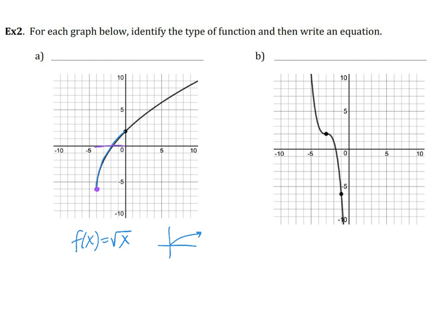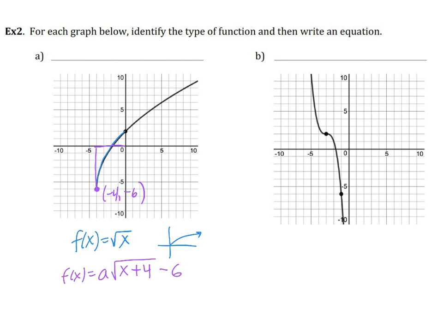So we went to the left 4, down 6. So my vertex is -4, -6, and I'm going to insert that into my function. So it's f of x equals the a value, which we don't know, times the square root of x plus 4, because I moved to the left 4, and then minus 6, because I went down 6.